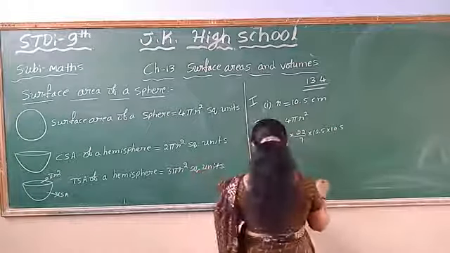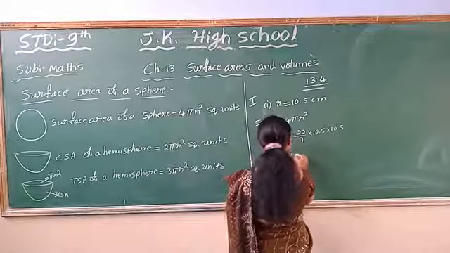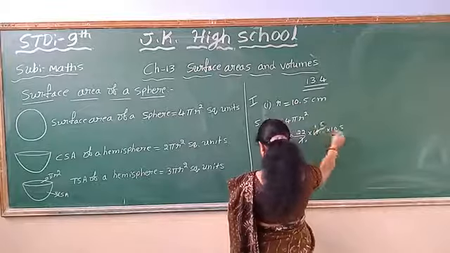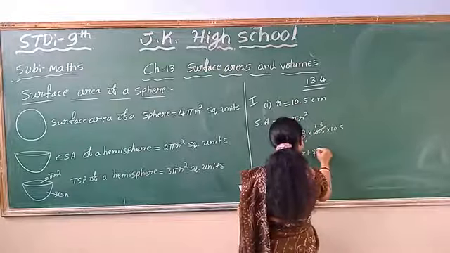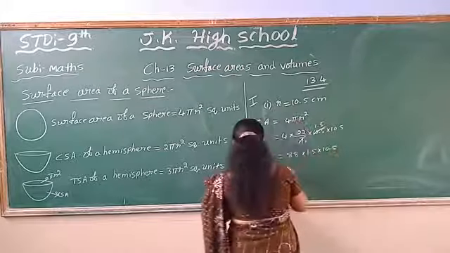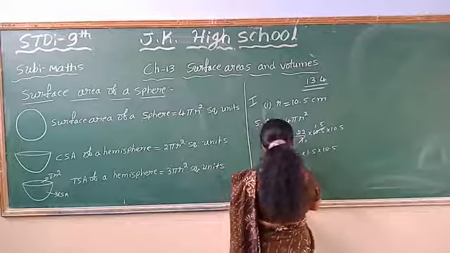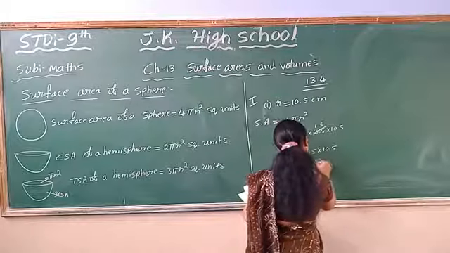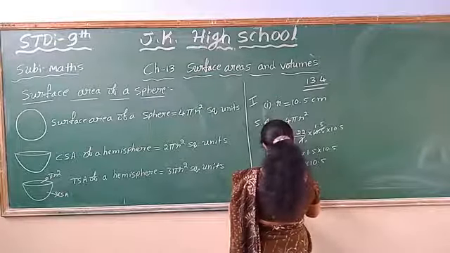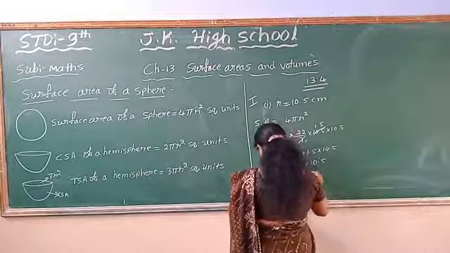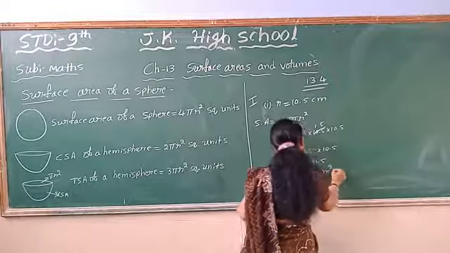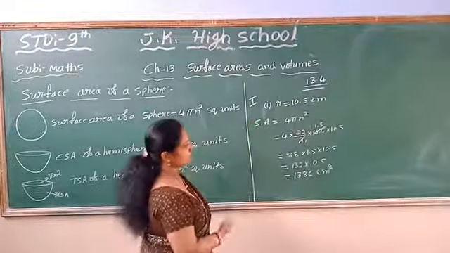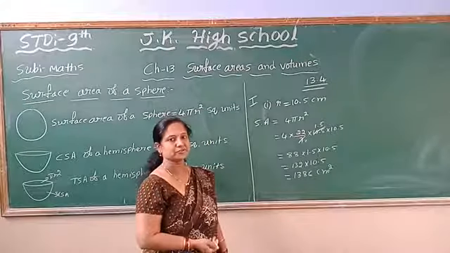Then simplify by multiplying. After simplification, the surface area of the sphere is equal to 1386 centimeter square.